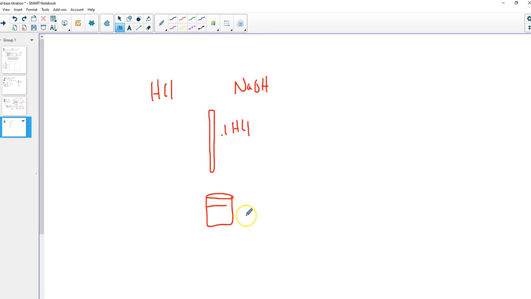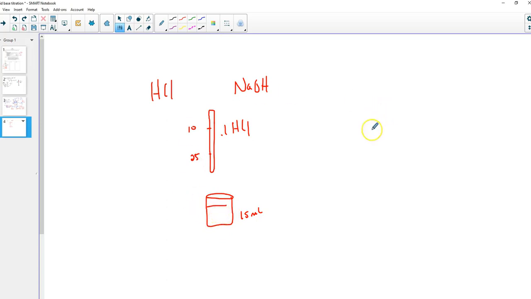Let's say I have 15 milliliters of the NaOH, measured out with a graduated cylinder. I start from my start, let's say at 10, and go down, titrating until I get to about 25. Then I have reached my color change, and I've reached my equivalence.